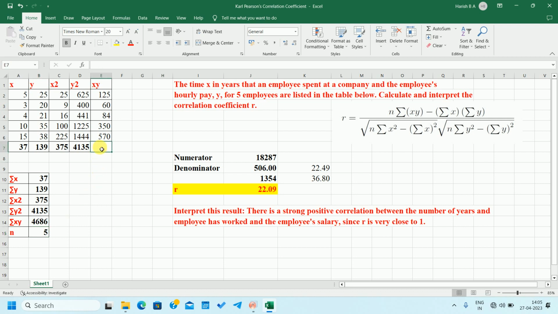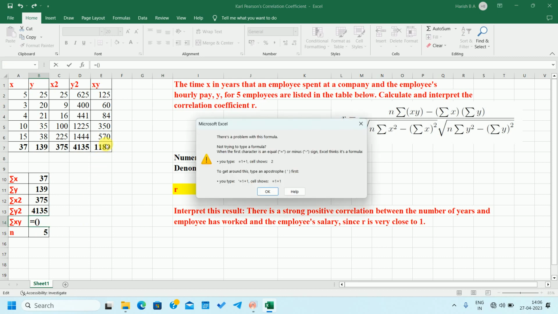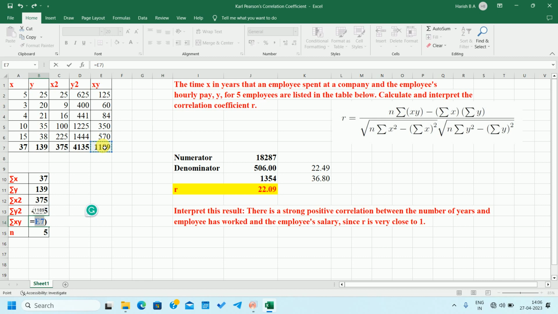Next, as here sigma X is 37, sigma Y is 139, sigma X square is 375, sigma Y square is 4135, sigma XY is 1189.